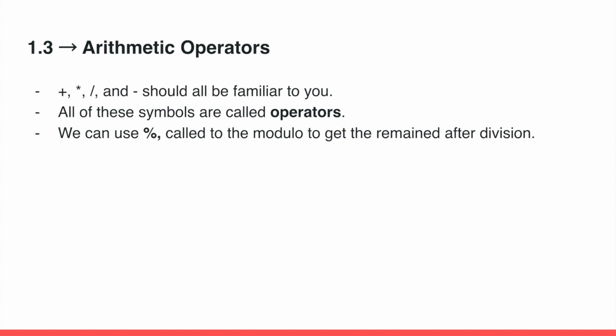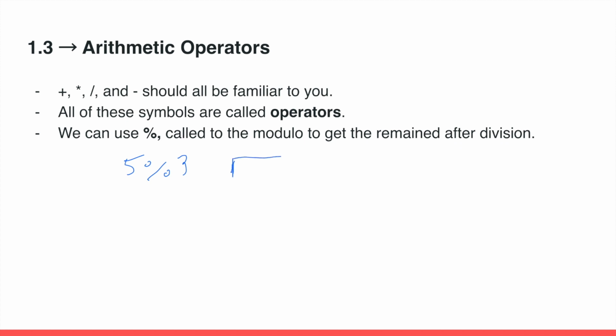Now to illustrate how this works, let's do a little bit of third grade math. Let's say we want to do 5 modulo 3. We're literally going to think of this as long division, right?